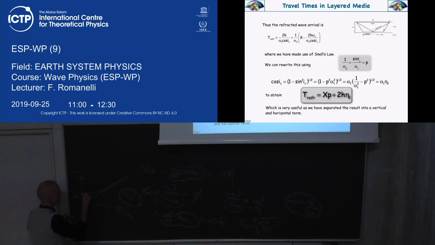Well, it's starting when the critical angle is, and then it has a slope that is larger because it's 1 over alpha 2. And now we can measure the third parameter. And what is surprising is that after a distance this will be the first arrivals. Why? Because they are traveling downstairs at a faster speed.